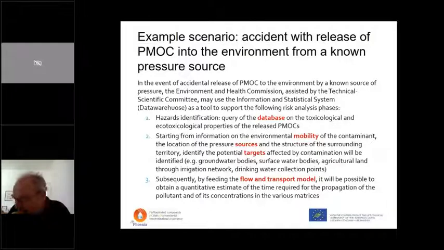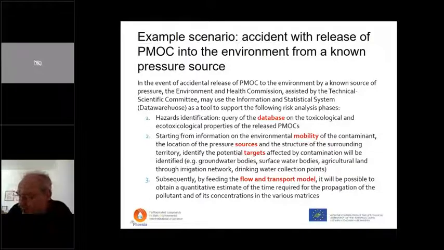In this case, a central role in all the processes is played by the query of the database, because it is useful to identify the physical, chemical, toxicological characteristics of the released substances, and also the available data should help to identify the sources, the pressure and the territory, and the sources that will be confirmed by, of course, a specific investigative monitoring campaign.